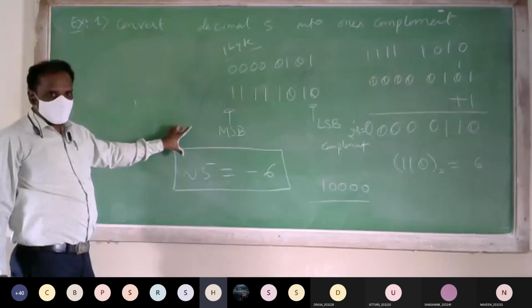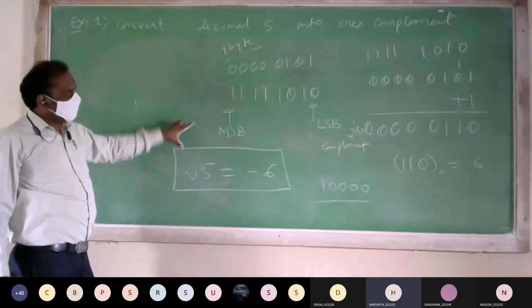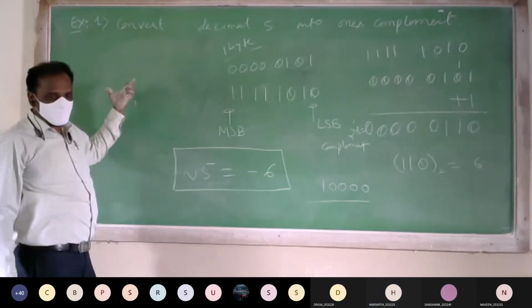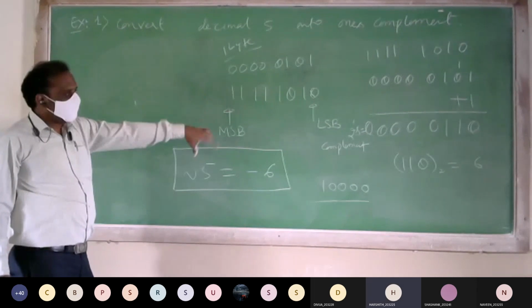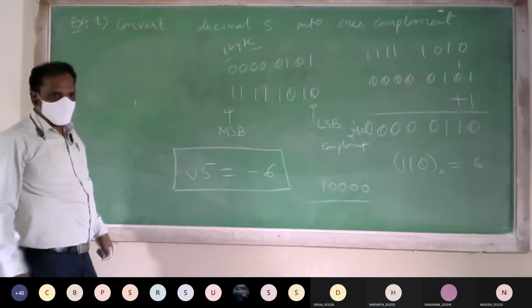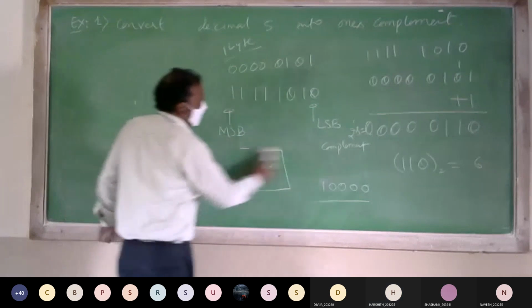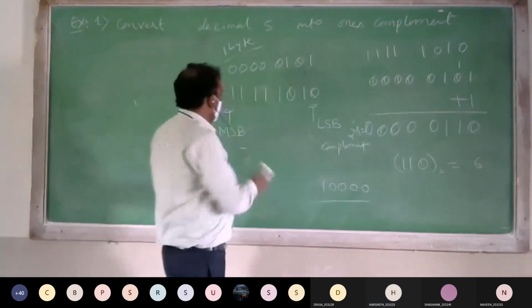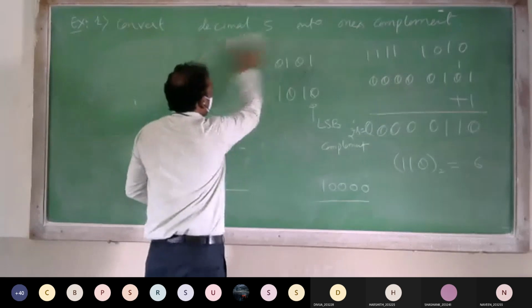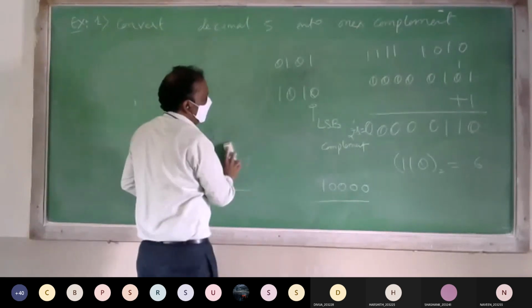Sir, do we use 16 bits also in this? You can use 16 bits or 32 bits or 64 bits, any bit. You will get the same answer. Yes, if I take only 4 bits also, you will get the answer because the number is small.